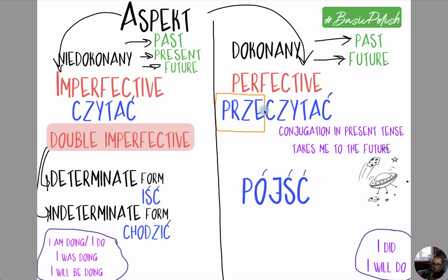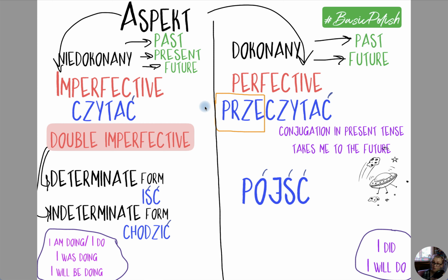So let me say it again so that you can get the idea. Ignore for now what we've got here, okay? Ignore, and also ignore this. I'm going to talk about it soon in a second. We are here in this lesson. So we've got two verbs that mean the same. Czytać means to read, and przeczytać means to read.